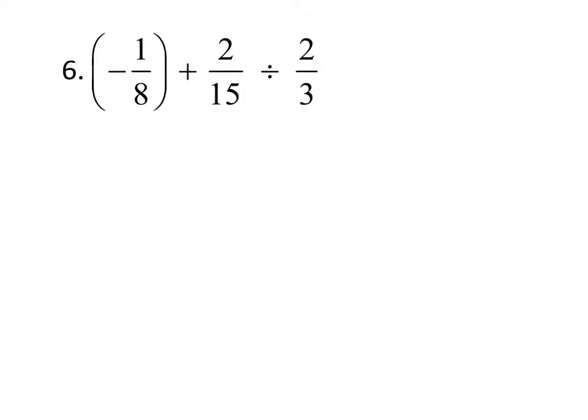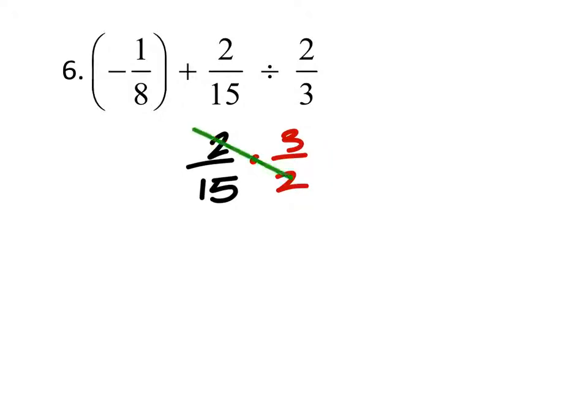This one with the order of operations, we got that division. But again, we have to be careful because instinctively we would want to add these two first. But we can't because the order of operations tells us that we got to do the division first. So we got 2 over 15 divided by 2/3. I'm going to change this to multiply by 3/2.